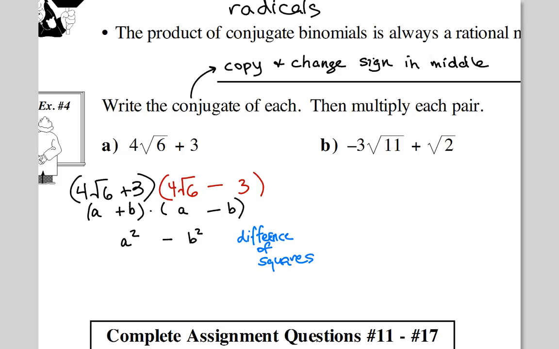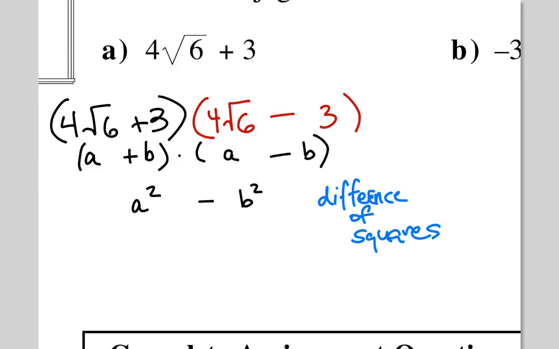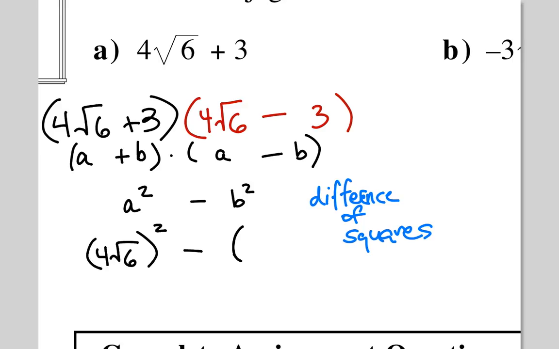All right. So all we have to do is square the first term and subtract the square of the last term. So how can we square 4 root 6, and how can we square 3? Well, 3 is easy. It's just going to be minus 9. Now the first one, a little bit more challenging.